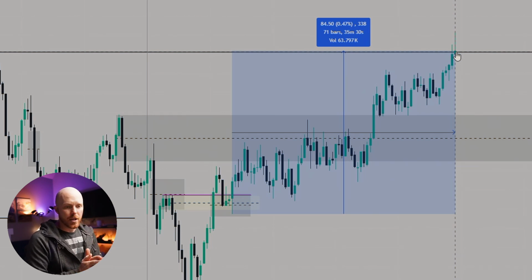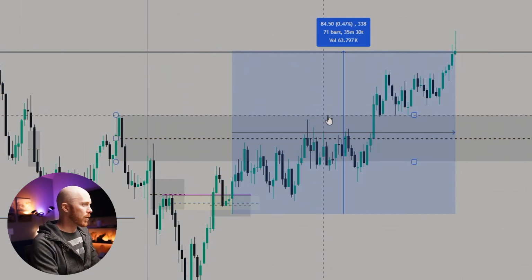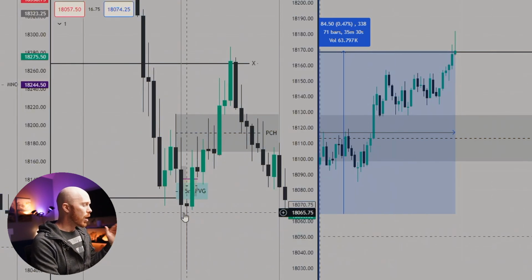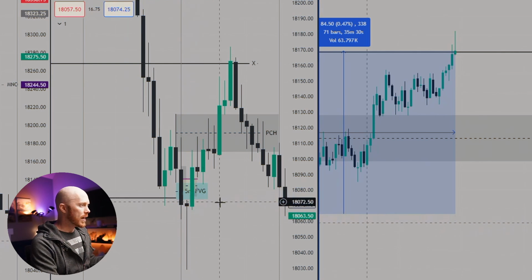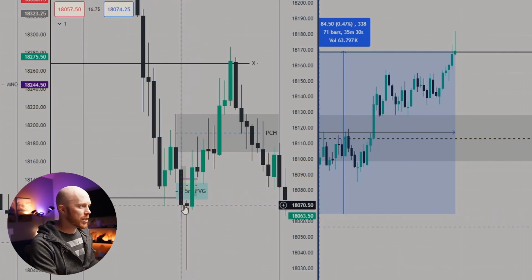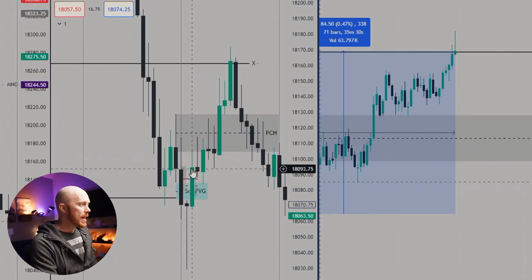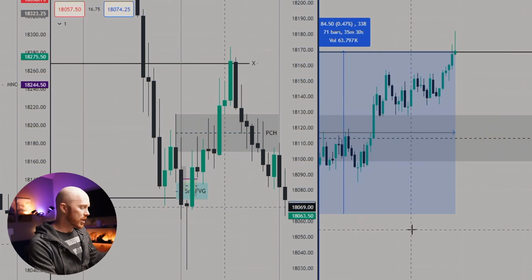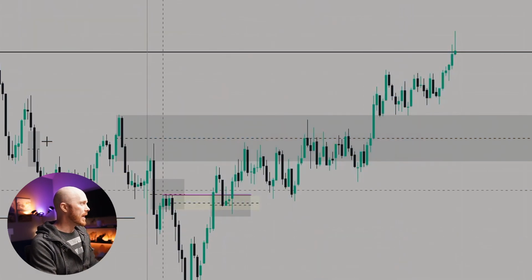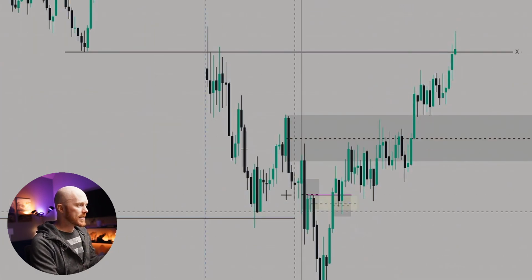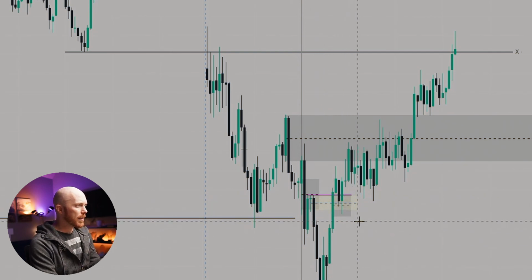So the lesson here is when you're looking at a higher time frame, you look at the higher time frame for confirmation that yes, we are going higher. 5 minute, we hit a level, we created a balanced price range, now we're moving higher. Okay, now that we made that balanced price range, let's go down to a lower time frame and let's identify it. If you're not seeing this right here, I'm like, oh, this looks so good, but it's not there.